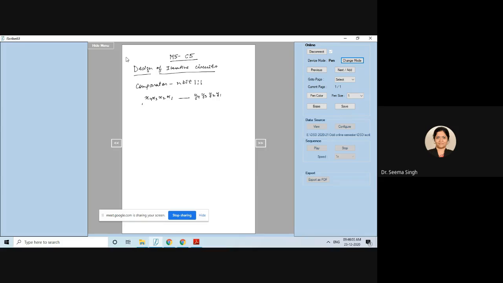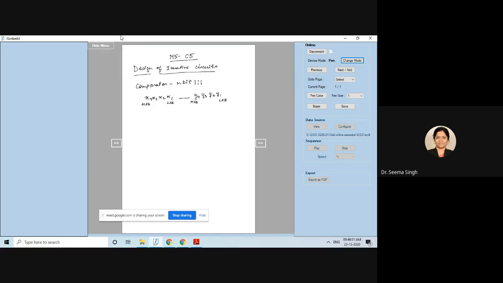And when I say that MSB is the left-hand side and LSB is the right-hand side for both the numbers, as we always write, what do you understand? If x4 is 1 and y4 is 0, then what will happen? Does it bother about x3, x2, x1 or y3, y2, y1? It does not bother, right?